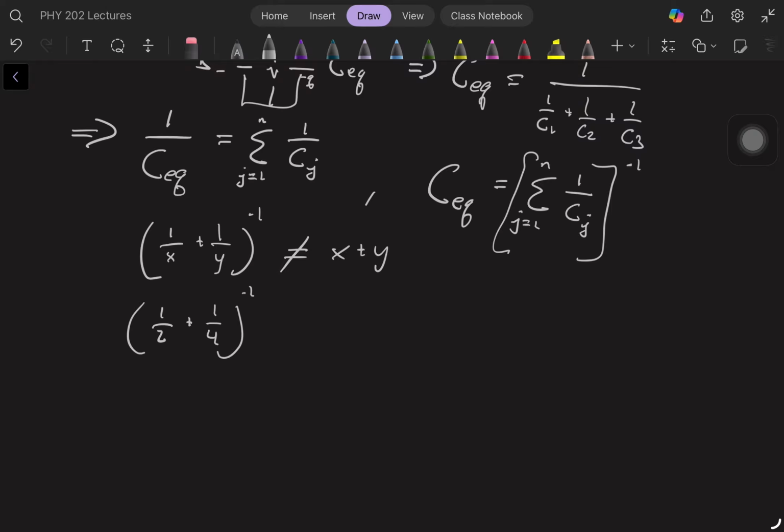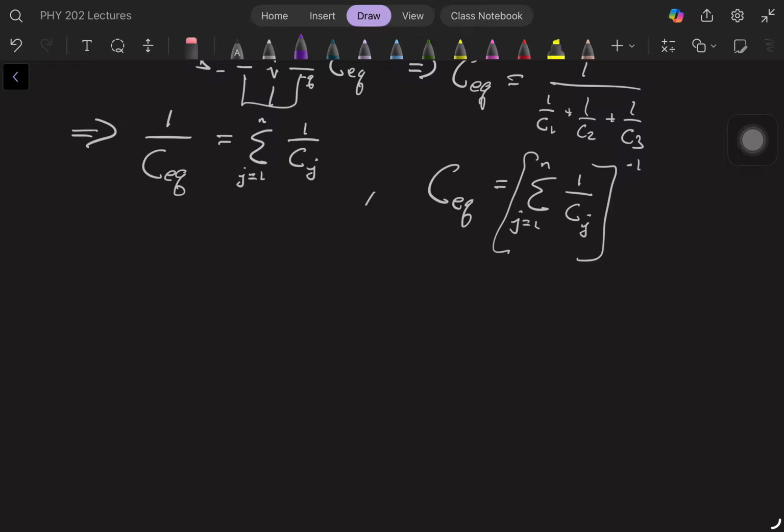We can take this 1/2, make that 2/4, so we get 3/4. So that's equal to 4/3, which if we just did x plus y, that would be 6, right? 2 plus 4 is 6. And so not equal. Just so we're all convinced of our strange little algebras we get sometimes.